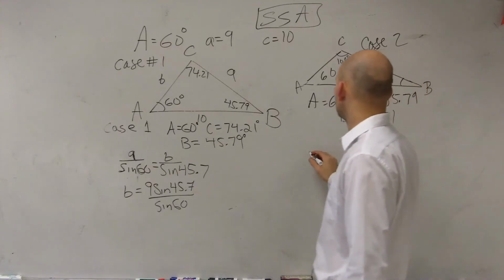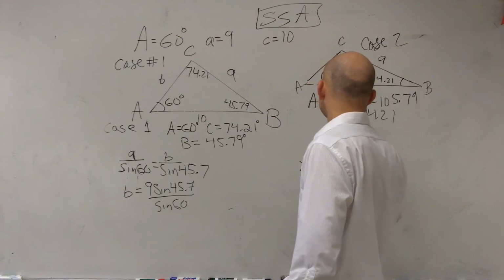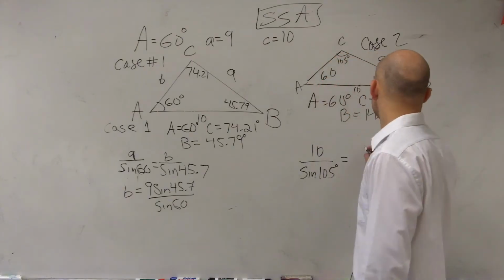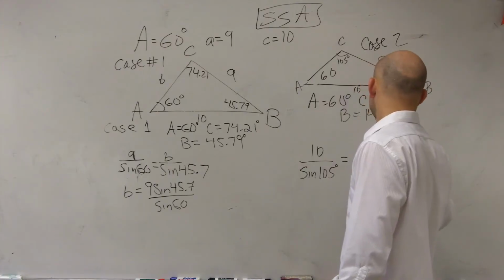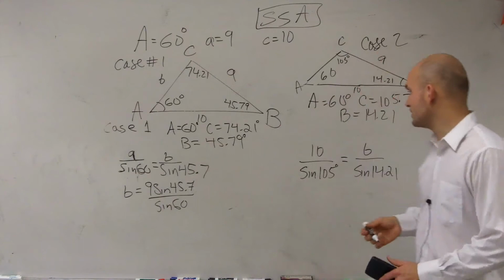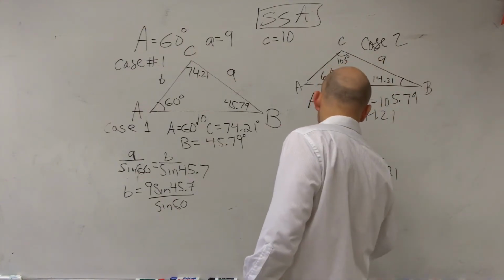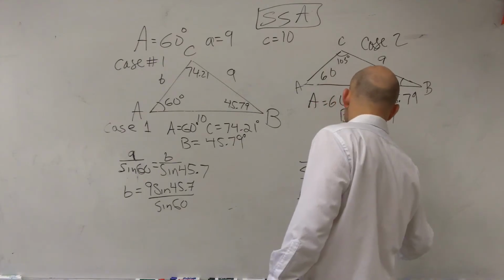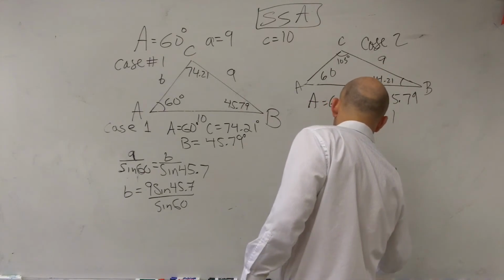Let's just use a ratio for C. So I could do 10 over the sine of 105 degrees equals B over the sine of 14.21. Notice how sine of B is different for each one of these. So therefore, in this case, B equals 10 times sine of 14.21 divided by the sine of 105 degrees.